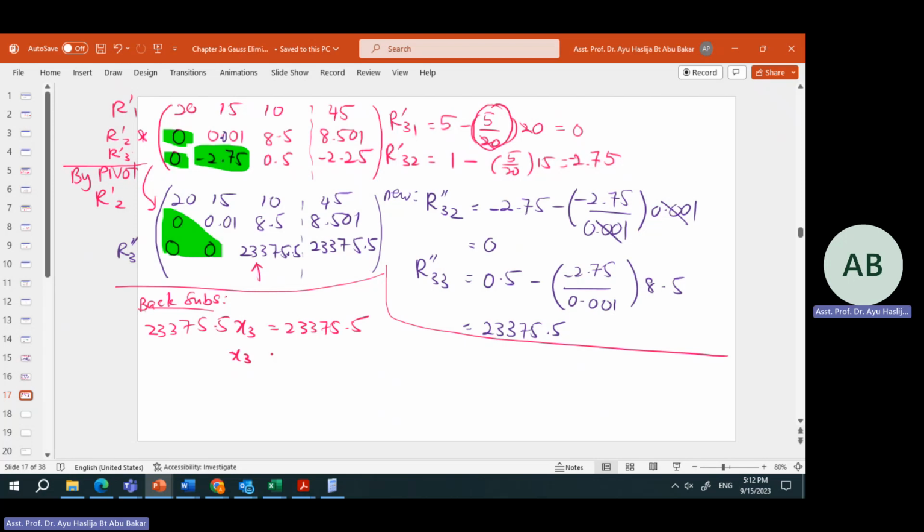So x3, what you get? 1. Okay, then using this x3 value, refer back, use these info to find your x2.